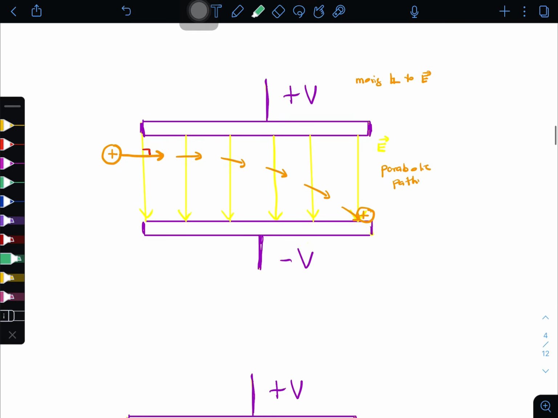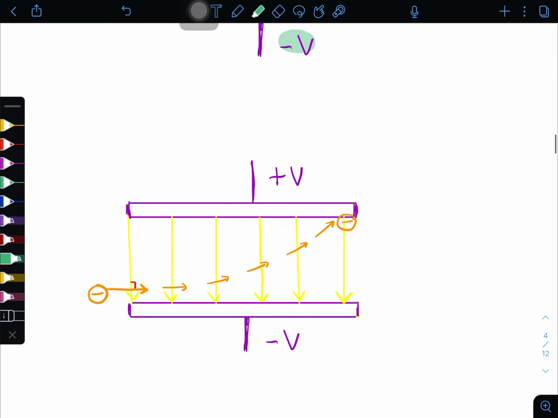Alright, so same juga tadi, saya explain sekali lagi. Dia masuk 90 darjah dengan E. So bila dia masuk positive charge, dia akan attracted to the negative plate. So bila attracted to the negative plate, dia akan membentuk parabolic path. Okay, but if I have a negative charge dia akan masuk 90 degree.